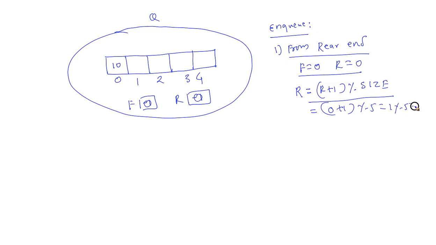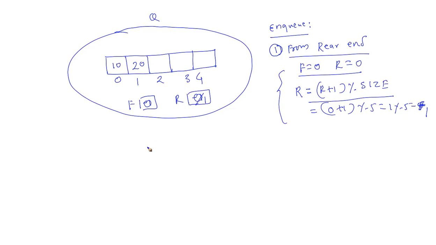So R becomes 1, and we insert the next number here. This is the normal NQ operation which we did in the linear queue.